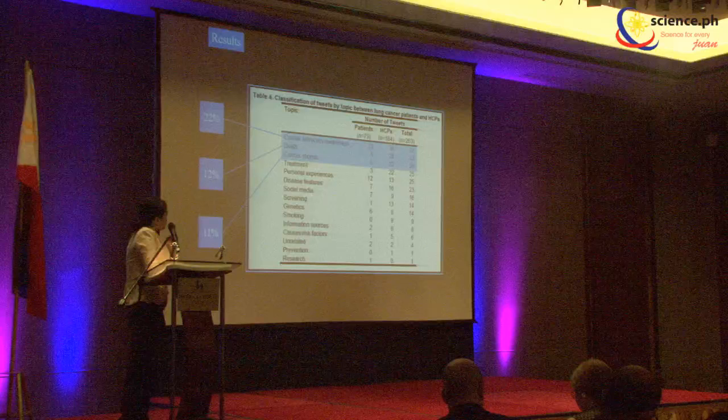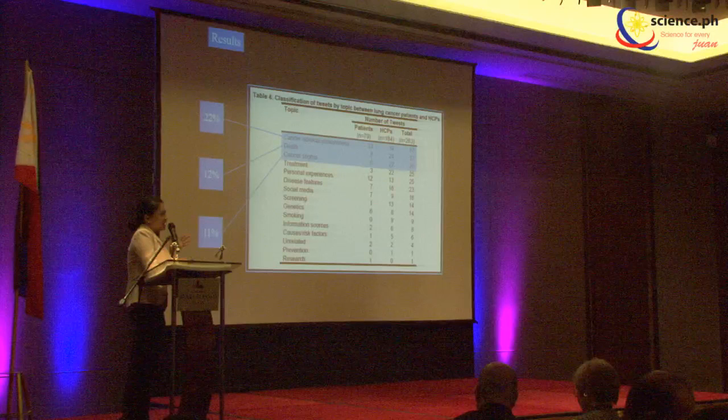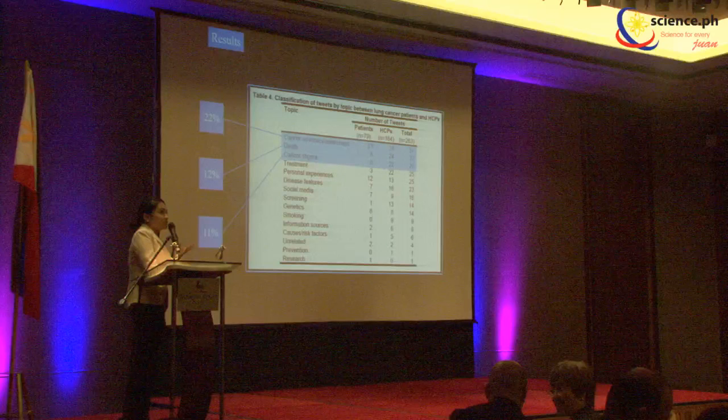And for death, as we have mentioned, it is the leading cause of cancer mortality, so it's not surprising that it's one of the top topics. And for cancer stigma, this is actually something unique to lung cancer, because a lot of the tweets were about educating people that not all patients with lung cancer are smokers.